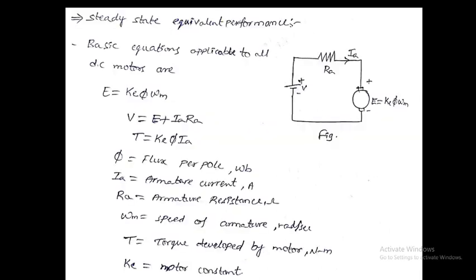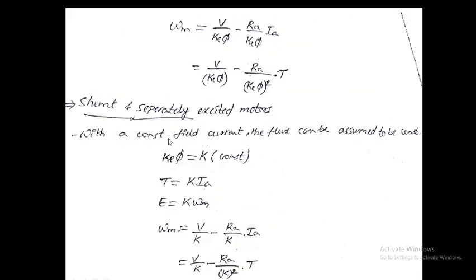From these two equations, E is equal to Ke pi omega m, where Ke pi can be replaced with K, and T is equal to Ke pi Ia, which is equal to K Ia. That's what I have written here: T is equal to K Ia, E is equal to K omega m.